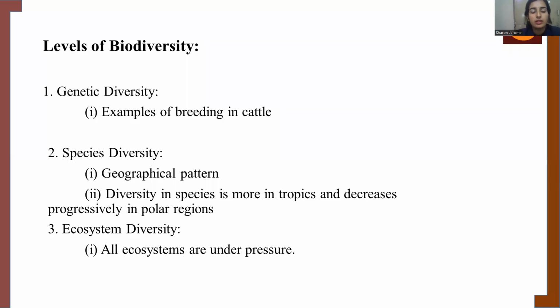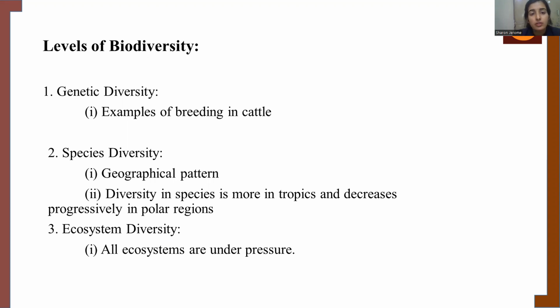When we look a little more in depth at the levels of biodiversity, genetic diversity is the measure of all genetic differences between plants and animals. Here an example is the breeding of cattle. You might have heard about Gir, then Red Sindhi, then Sahiwal.